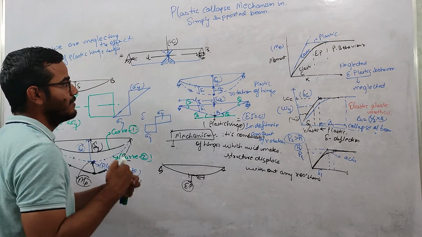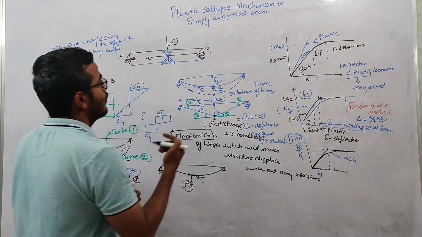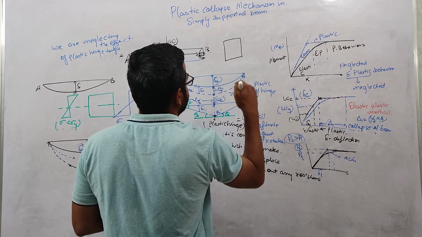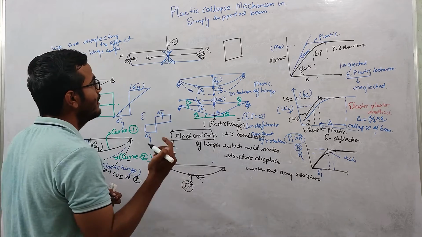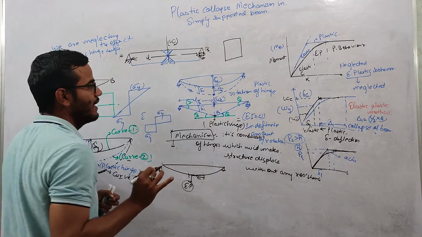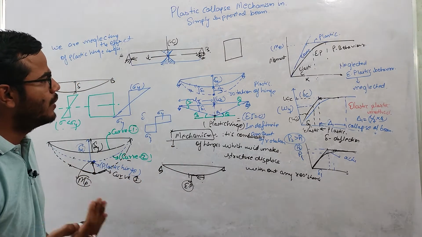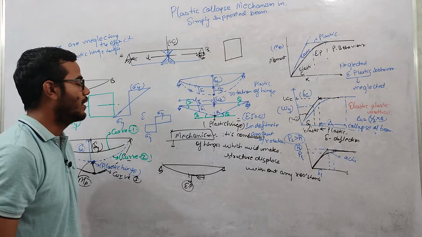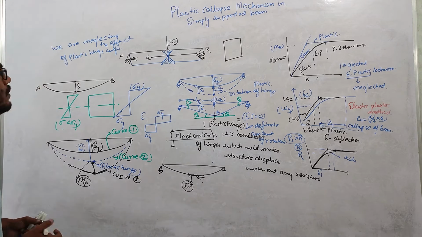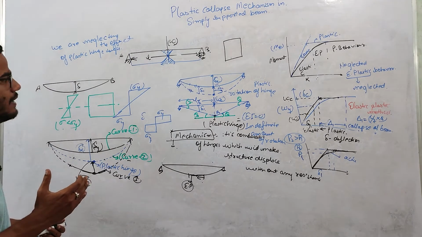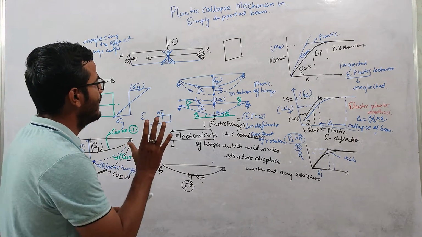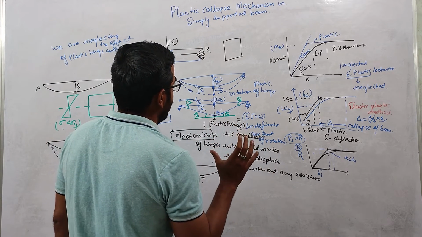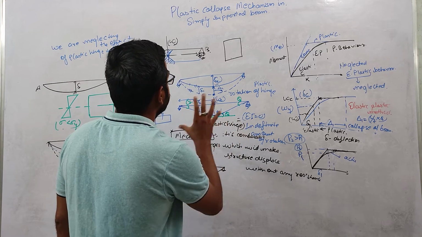In this cross section also there will be some elastoplastic behavior that we are neglecting, and along this member also. So if you want accurate results, we need to consider those things also. So guys, this is the plastic collapse of this simply supported beam.